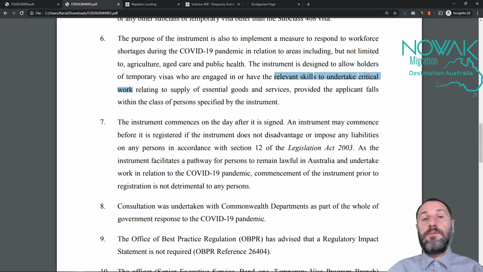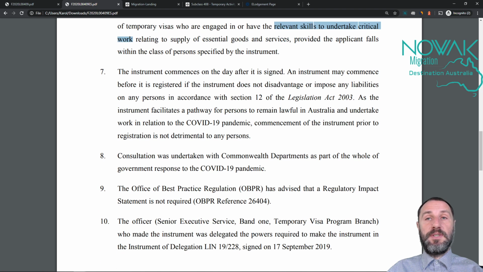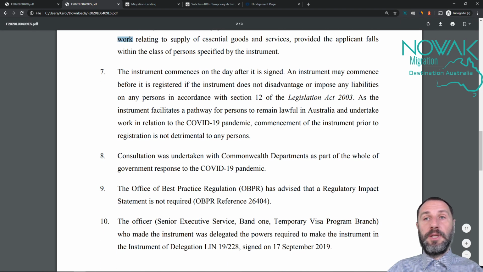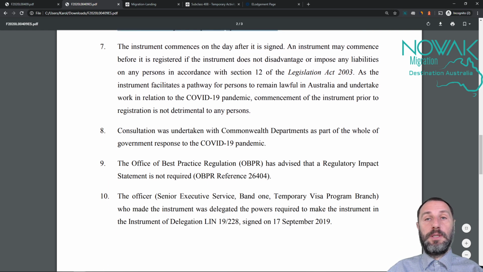So in theory, if there will be some nurses on the visitor visa in Australia, probably they might be eligible for this visa, provided the applicant falls within the class of persons specified by the instrument. So temporary visa, that's the main one. That's the main one over here.